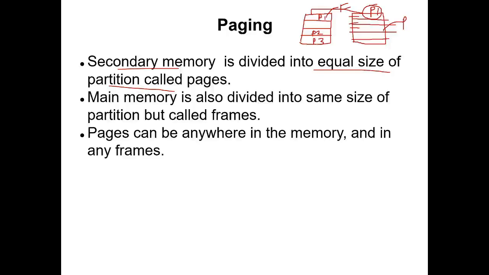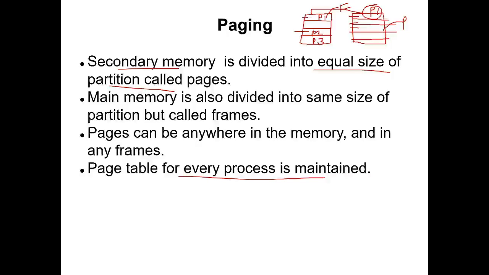Wherever there is a free partition, these pages will be loaded in main memory. One process can have many pages where its data will be stored, and all those pages will be brought to main memory for execution and can be placed anywhere.